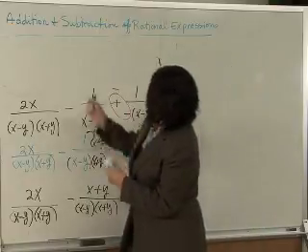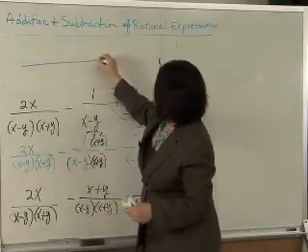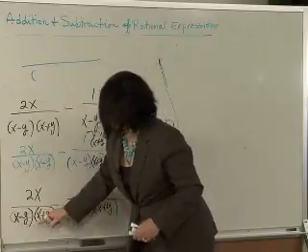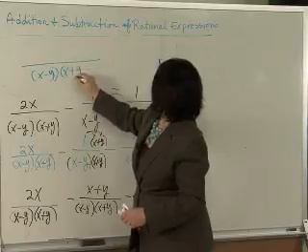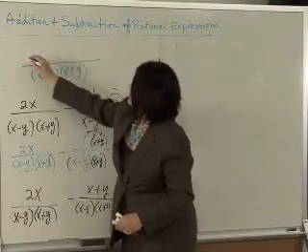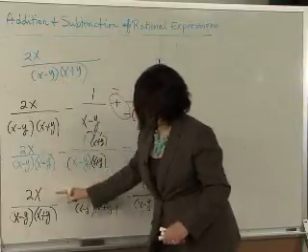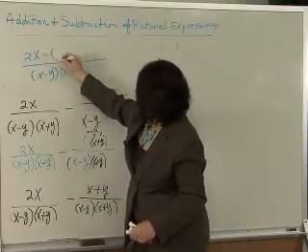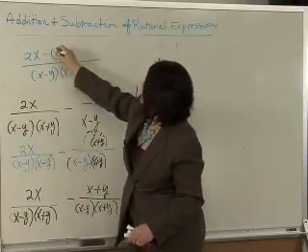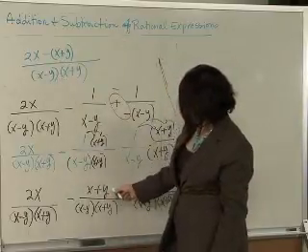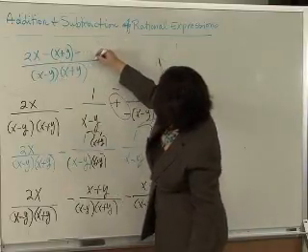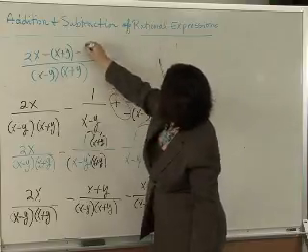Okay, so my LCD is x minus y times x plus y. And then subtract the numerators, so I have 2x minus x plus y. See where that negative sign goes in front of the parentheses, and then minus x plus y again.